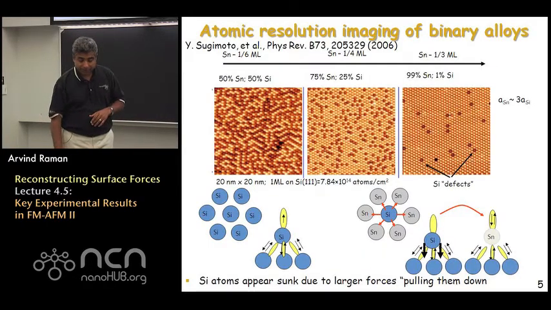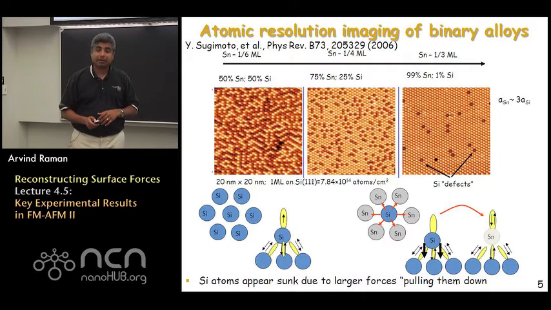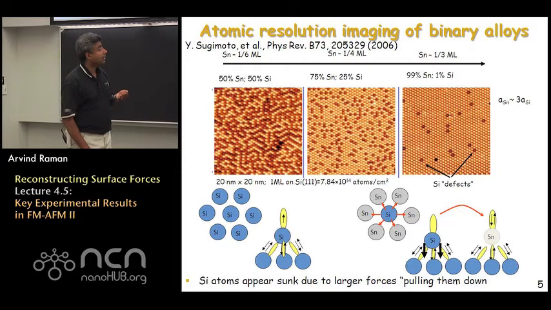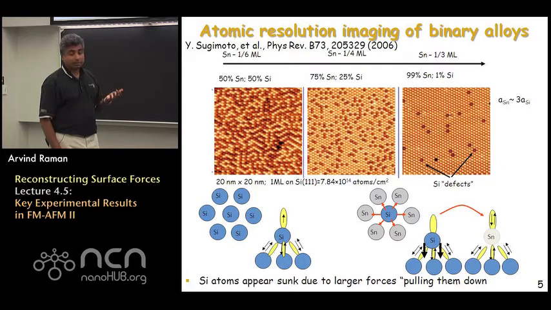So there's a lot of interest recently in studying surface binary alloys, and very soon after the results that I just showed you before, there was an attempt out of Morita's group again in Japan at applying FM-AFM to study binary alloys, in this case tin silicon alloys.